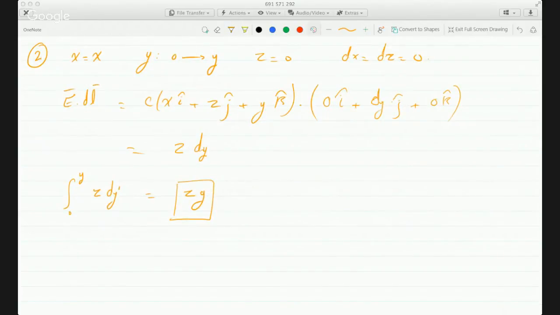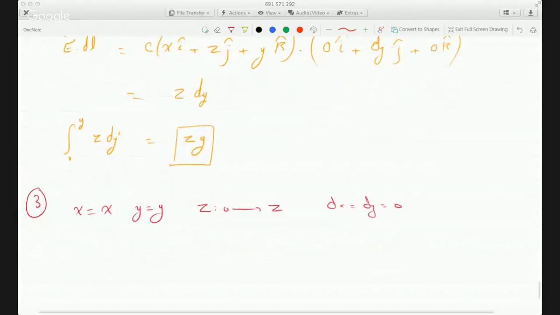And now I'll move to the third path. So the third path is going up to the z. So here we know that x is x, y is y, and z goes from 0 to z. So dx equals dy equals 0. We're not moving in either the x or the y, and dz is just dz.